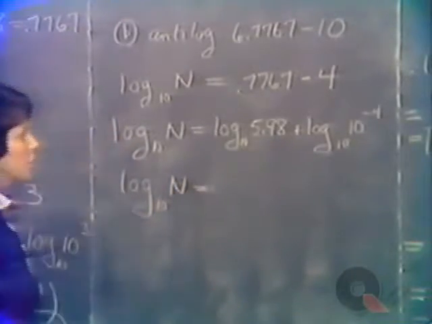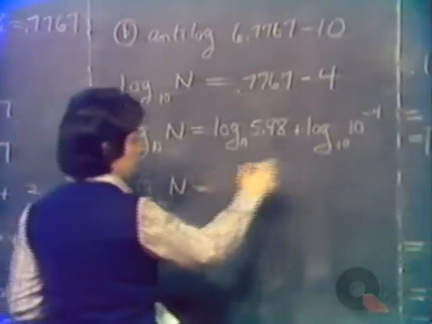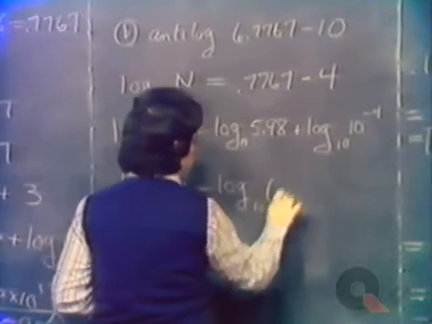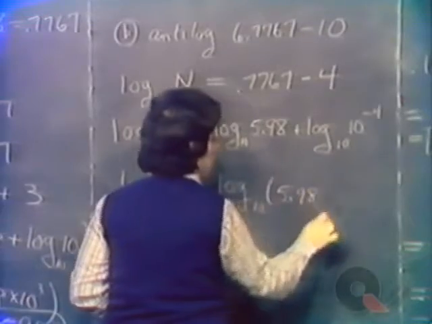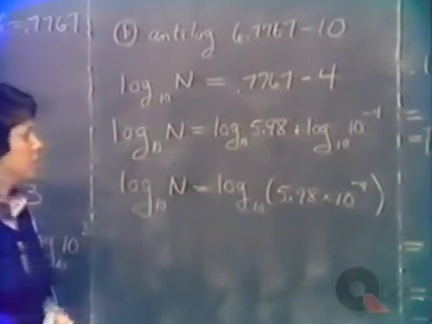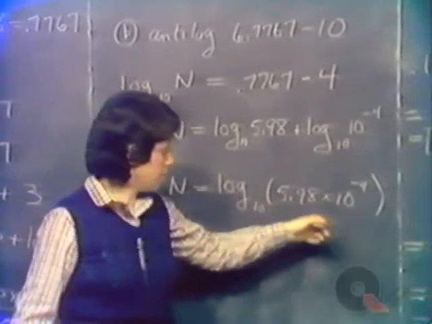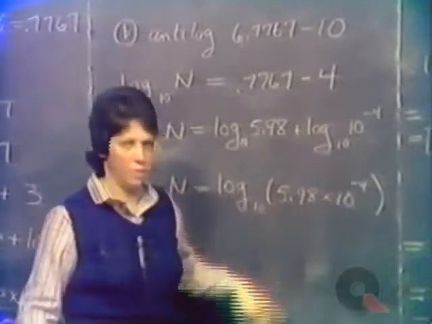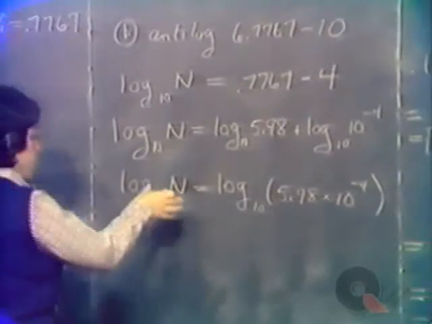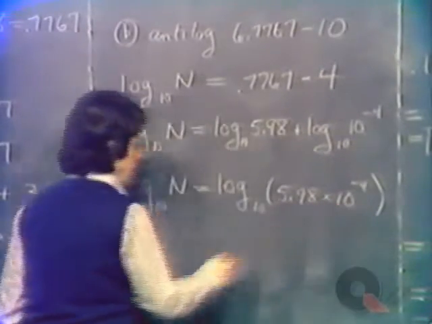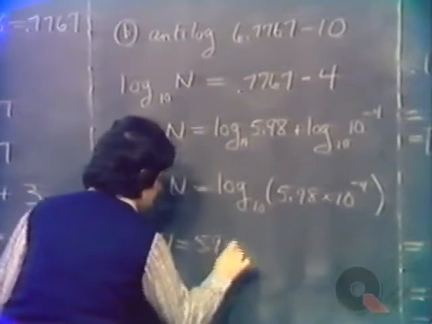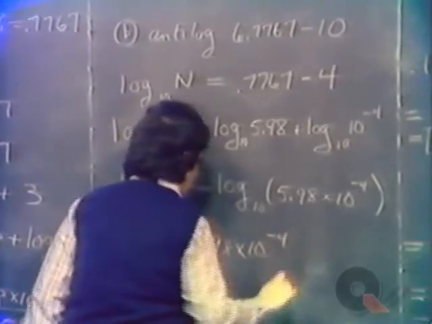Now, using properties of logs, the log of a product is the sum of the logs of the factors. Using that in reverse, we get 5.98 times 10 to the minus 4. The log of that must be equal to the log of n. And now we're down to the point we say the log of n is equal to the log of this, therefore n must be equal to this, 5.98 times 10 to the minus 4.